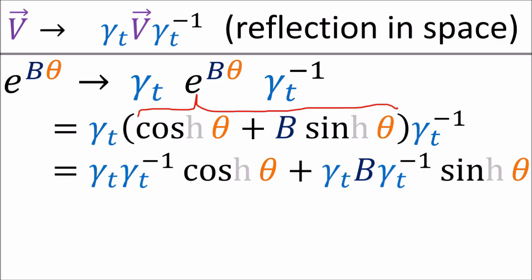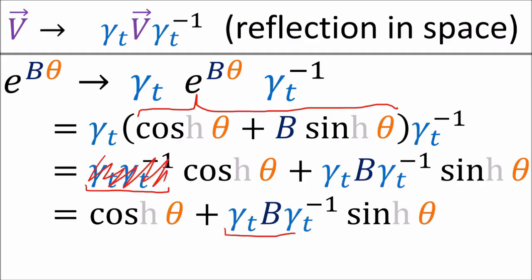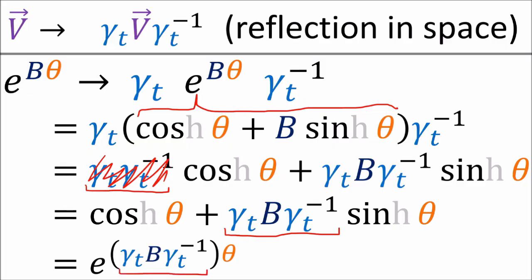The scalar part remains unaffected since gamma t and gamma t inverse cancel, but the bivector part will be conjugated and undergo a parity transformation. So this means that parity transforming an entire exponential is the same thing as parity transforming the exponential's argument.